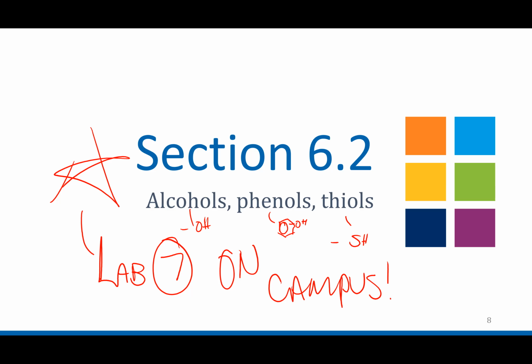It could be methanol, ethanol, propanol, but then it can be even more complicated. You could have 2,2-dimethyl hexanol or something like that. I'd have to put a number in there as well, but you get the idea. So in chemistry, we use terms a little differently.